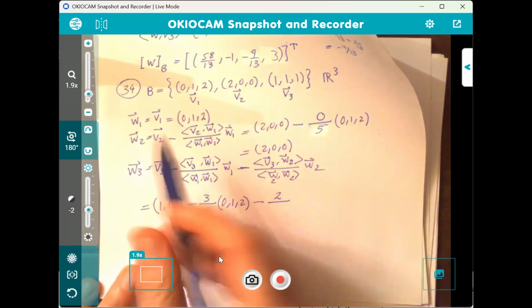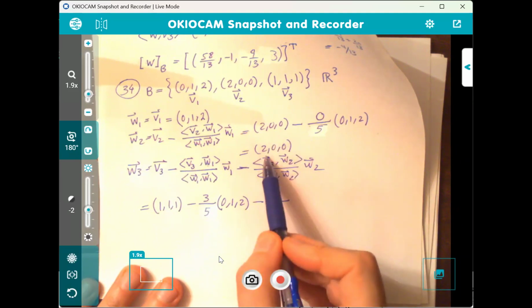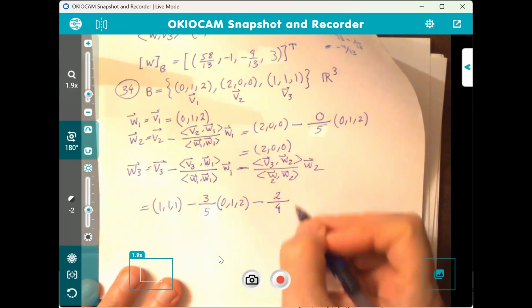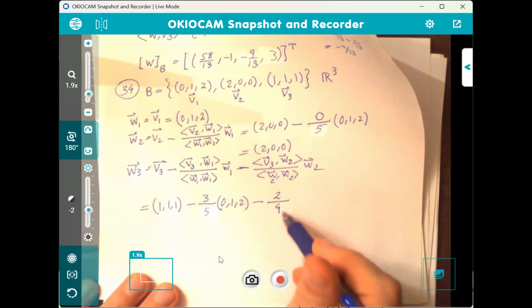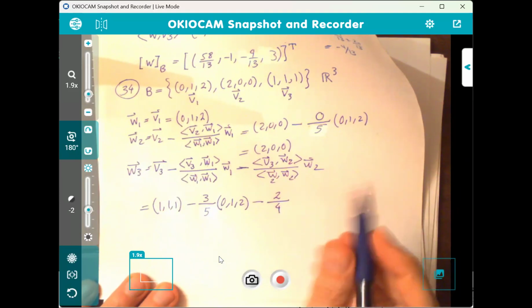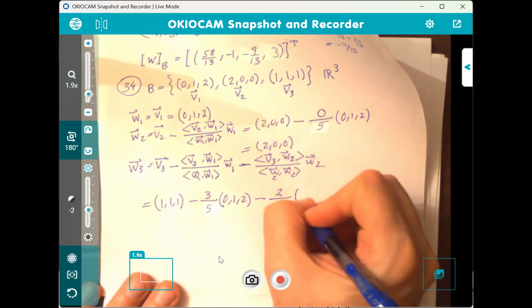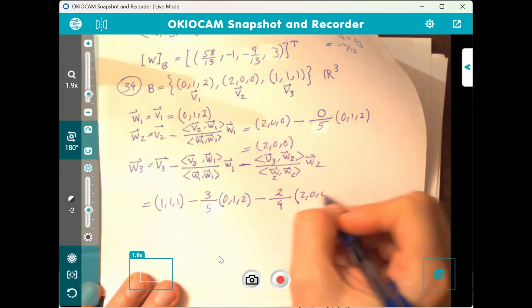The dot product of W2, this vector, by itself. You get 2 squared, 0 squared, 0 squared. The sum of those is 4. The dot product gives you the magnitude squared, no radical. So that's 2/4. And that's it. We multiply this by W2. W2 is 2, 0, 0.